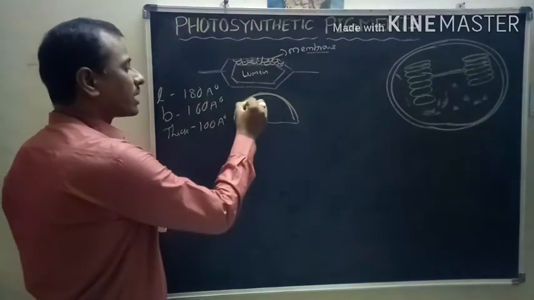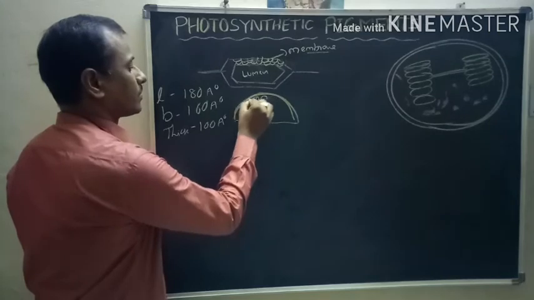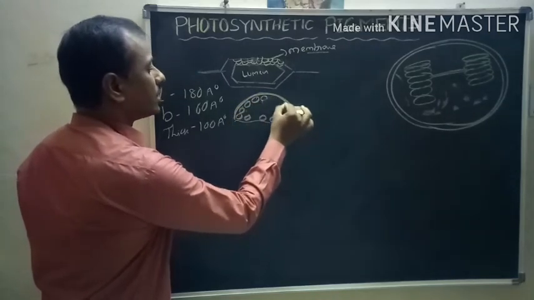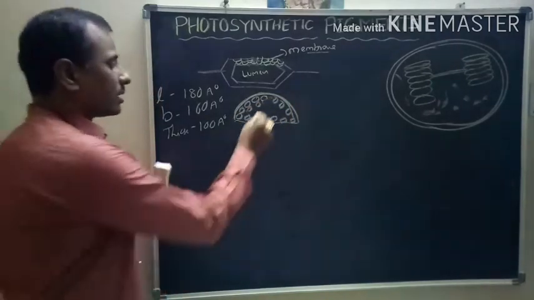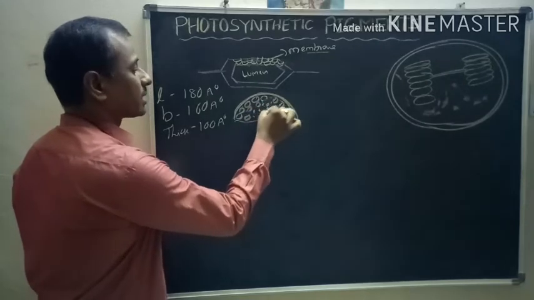The quantosome contains a number of pigments. That means the quantosome is filled with pigments. Not only pigments, proteins and enzymes are also present here.